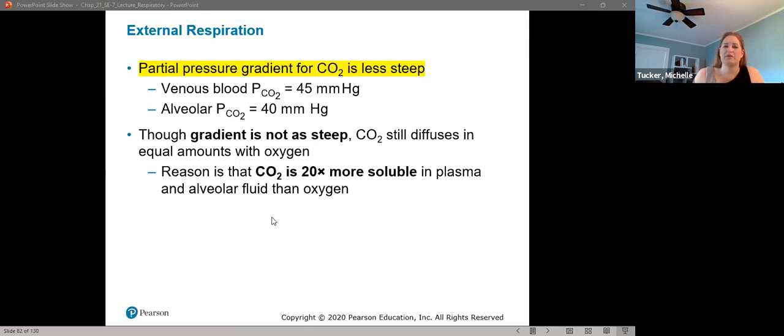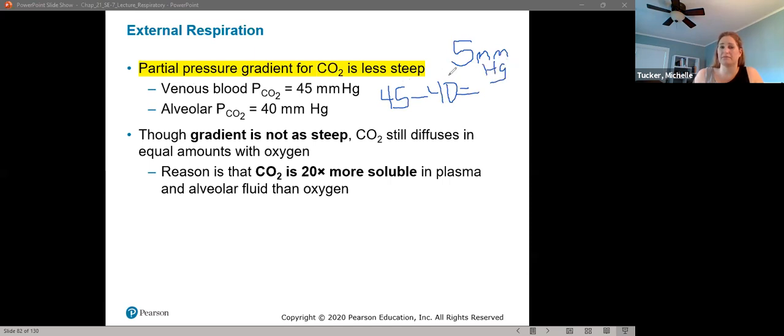But the partial pressure gradient between the blood and the alveolus is 5 millimeters of mercury. So this is very low.